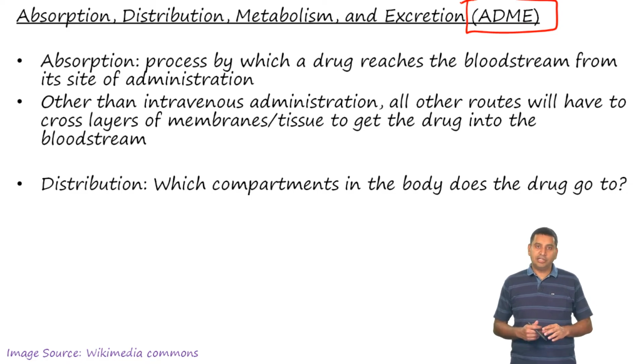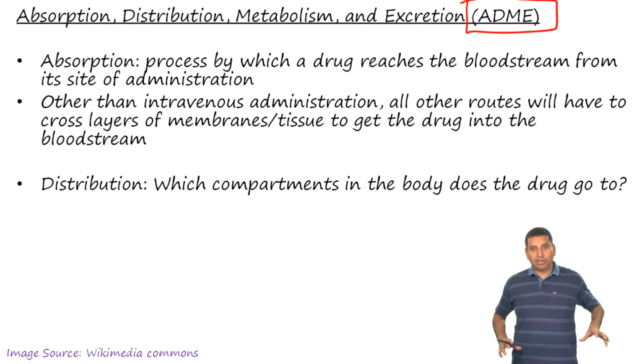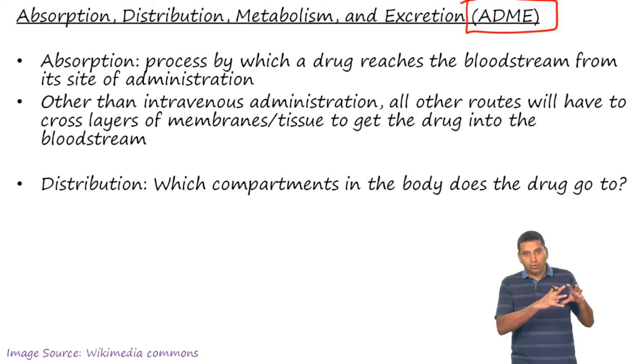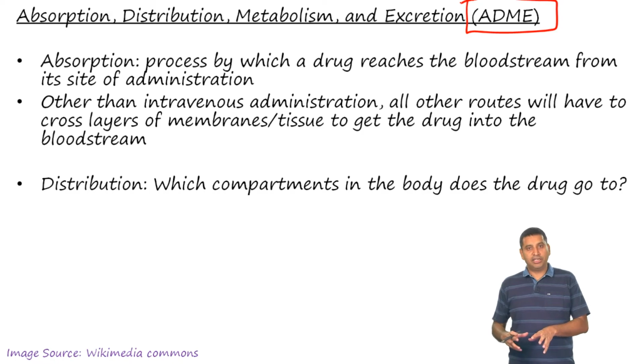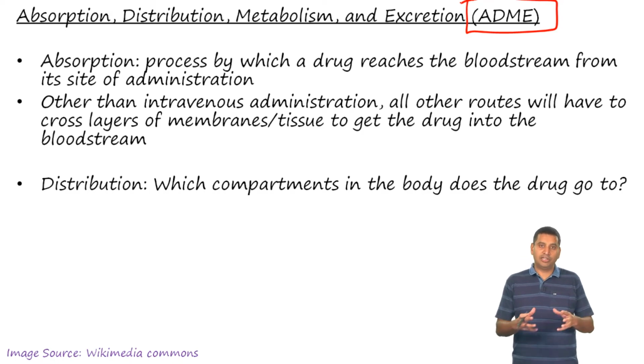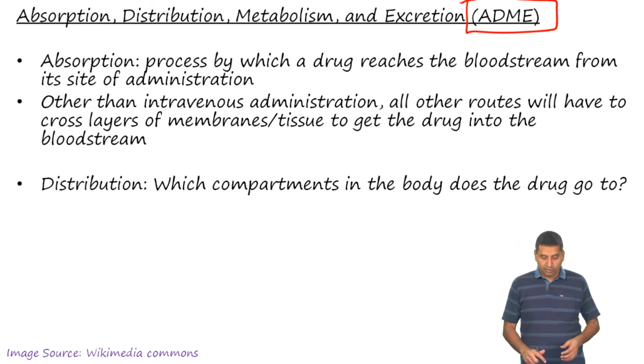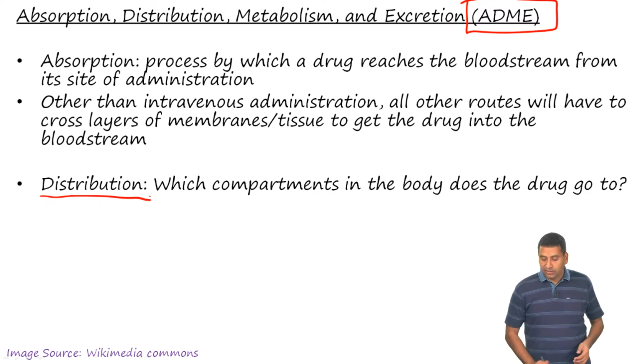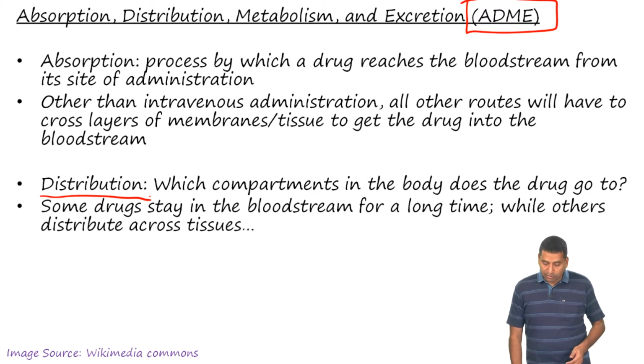Distribution is nothing but, after the drug is consumed, where does it distribute in the body? Does it preferentially go to the liver? Does it preferentially go to the kidneys? Some drugs end up in the bone marrow, and some end up in the muscular compartment and so on. So, this is what we mean by distribution, and it is another important parameter that we want to study.